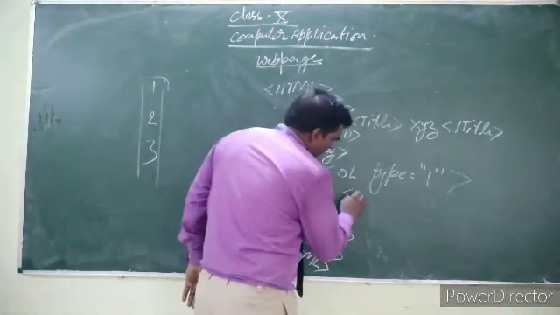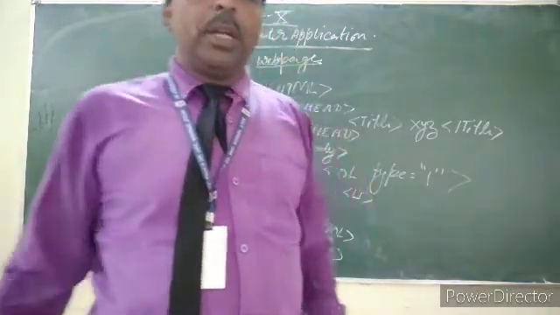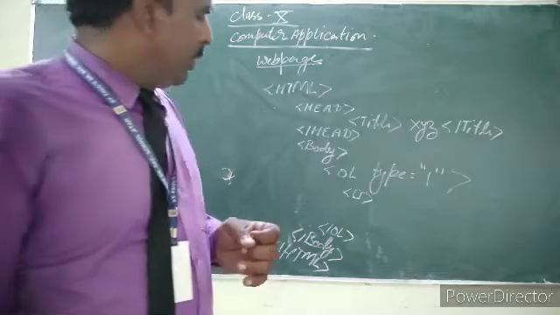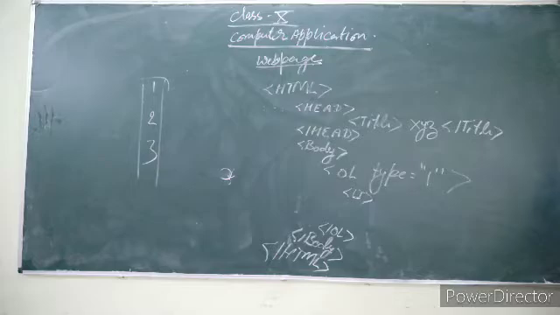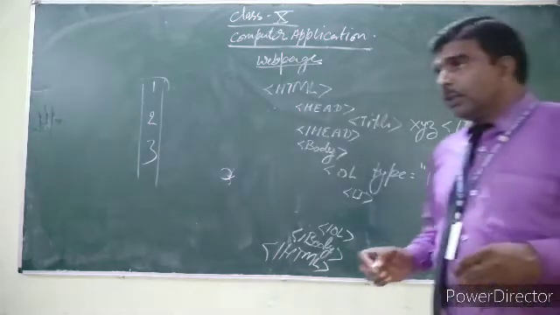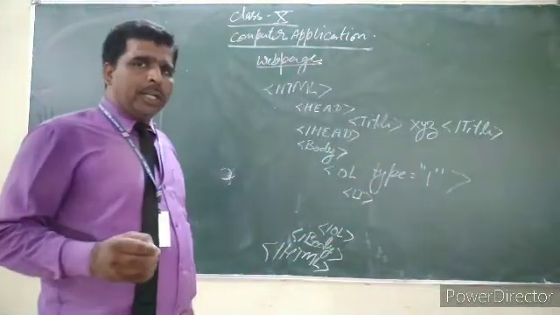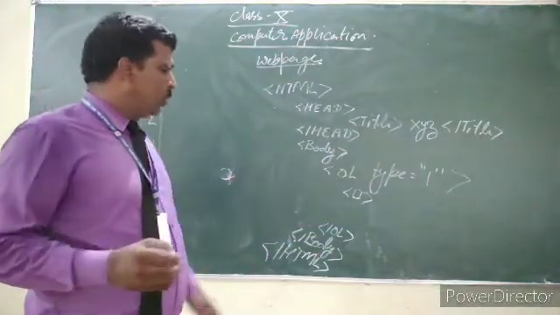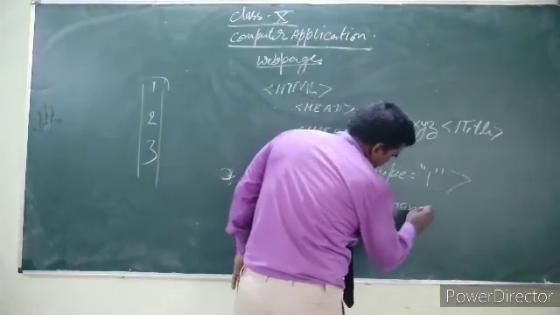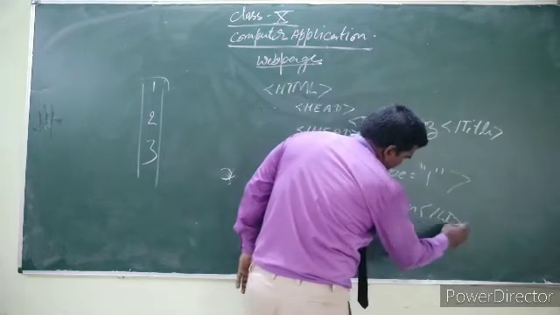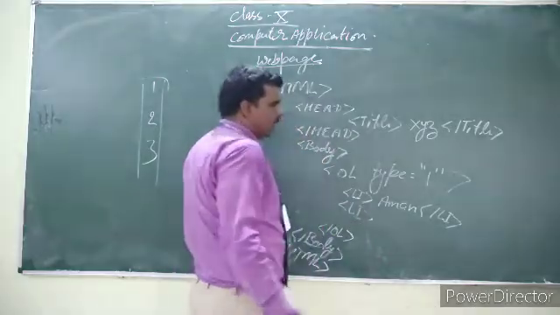Here is another tag, the list item. Actually, the list item is that thing in which we have to tell the list index number. Suppose I am writing here the name of a student, like Aman, and after that closing li, and afterwards again we have to write li.